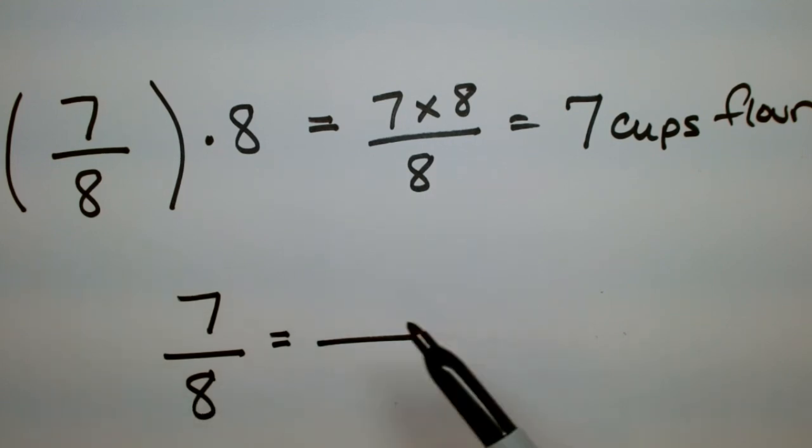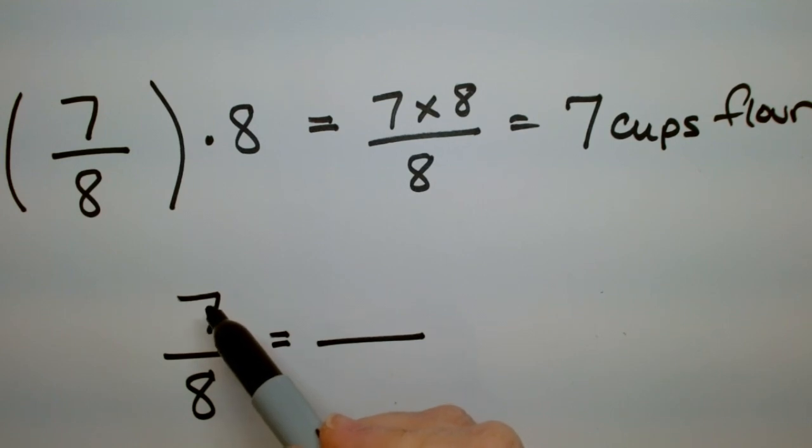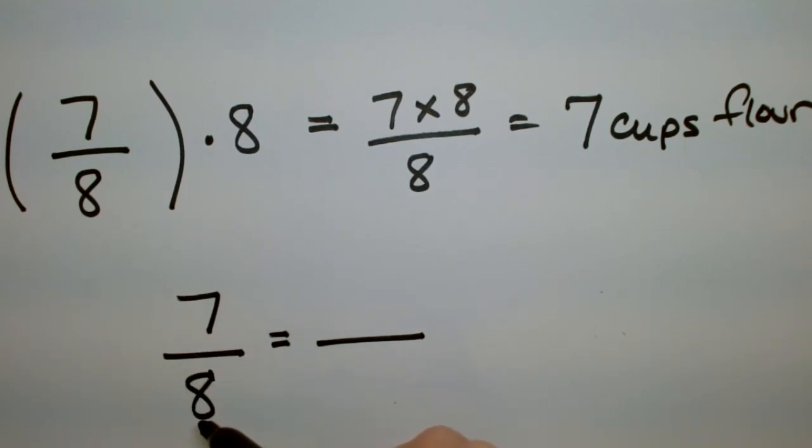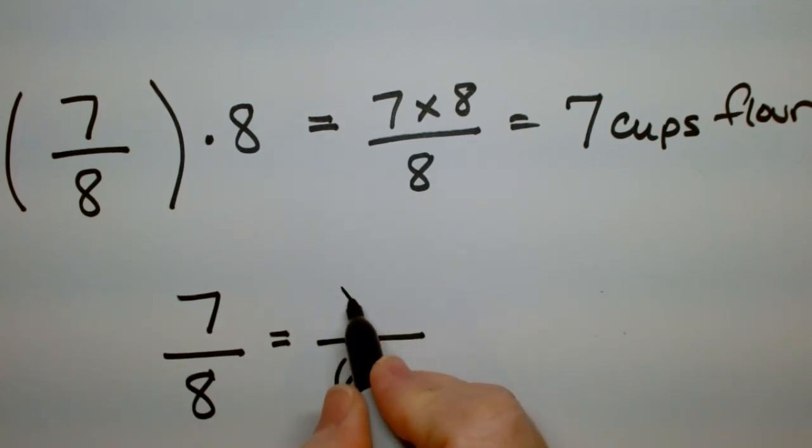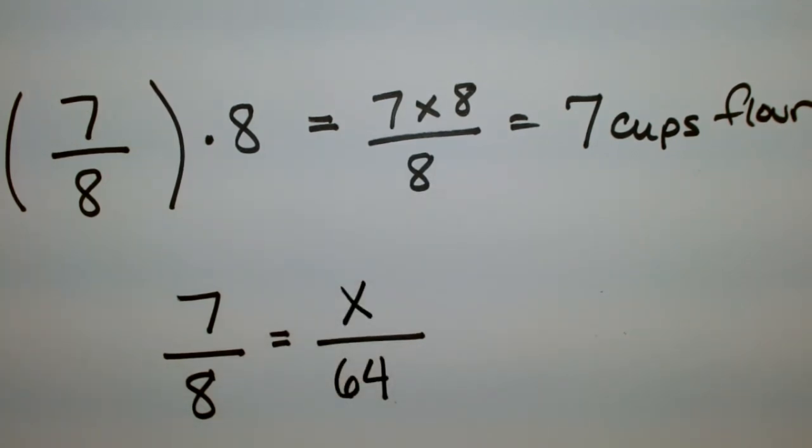Here, lemonade. Let's change it to lemonade. So for every batch of lemonade, I use 7 lemons and 8 cups of sugar. That's fantastic. Suppose your little sister comes along and dumps in 64 cups of sugar. I know, right? How many lemons do you need to stick in there to even it out?